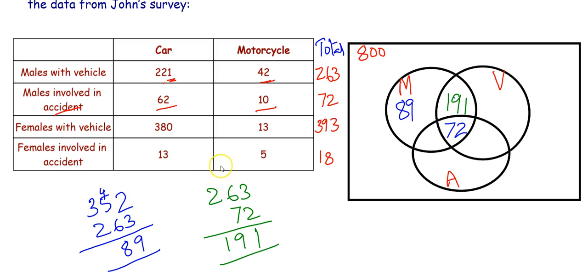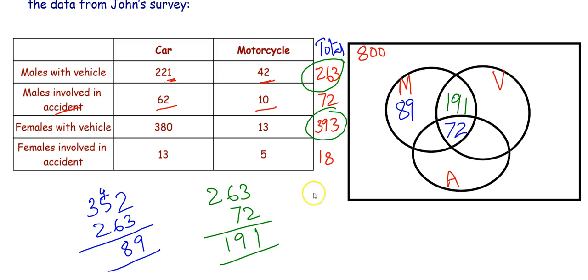That was the total you have. Now coming to this place here, we know that there are altogether 263 plus 393 owners of cars or motorcycles.